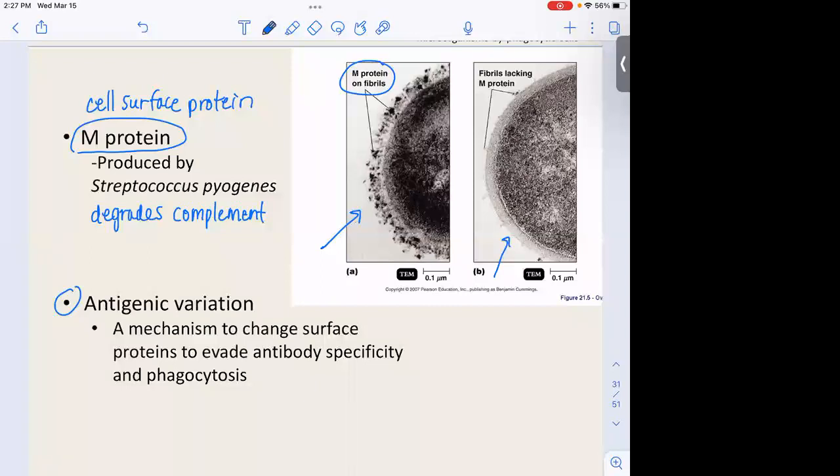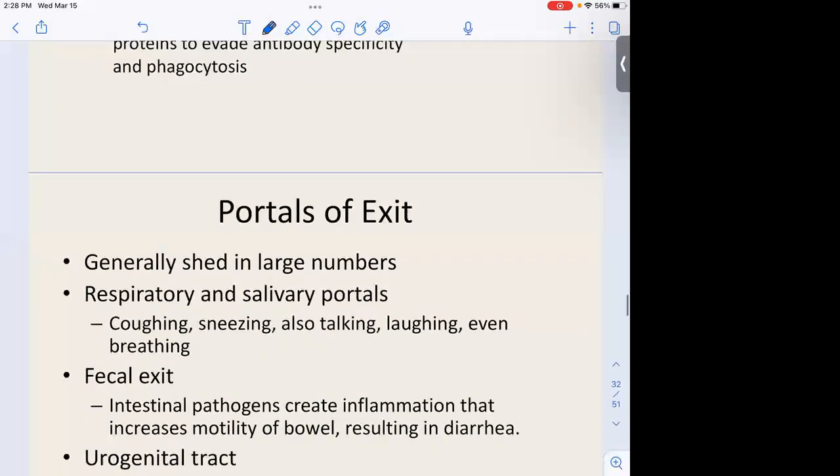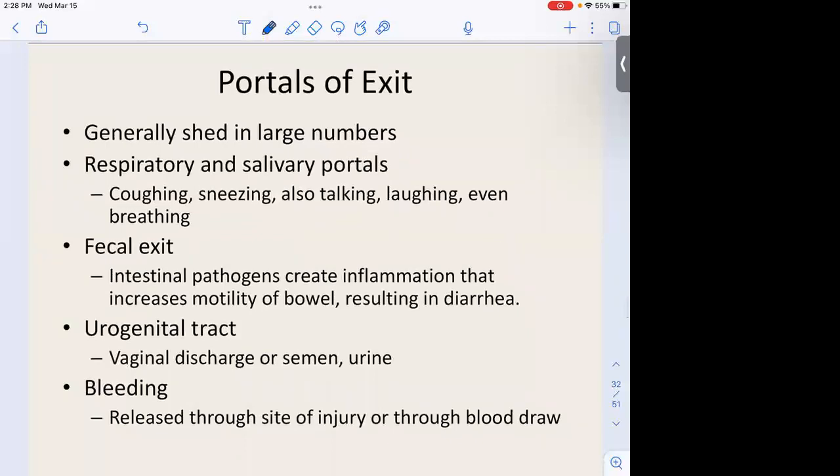So basically, every time we make a specific antibody to bind to the outside of the pathogen, by the time we do that, which takes 7 or 8 or 9 days, it's changed, and those antibodies aren't any good, and we have to make different ones, and then they change. They change so quickly that they just stay ahead of our specific immune system. All right, so that's just some examples of things that make pathogens successful in establishing themselves.